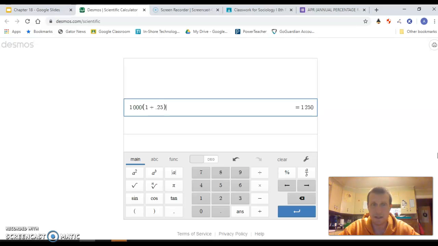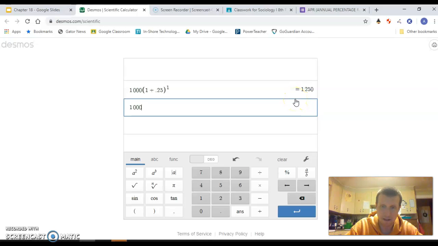I close the parentheses, I choose the exponent option here, and let's say I want to find out how much money that $1,000 would be worth at the end of a year. I'm just going to put 1 for the exponent. Chase would owe his mother $1,250 at the end of the year if he doesn't pay that back.